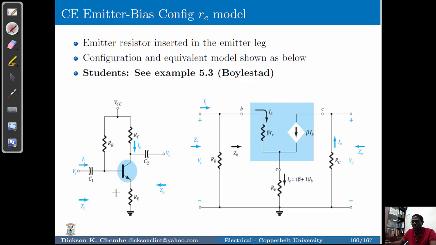The RE resistor, the emitter resistor, is replaced in the circuit, and it has to be considered in that circuit. So it has to be inserted and the calculation considered accordingly. A good example of this you can see in, let's say, example 5.3 in Boylestad. You can go through that in your free time.